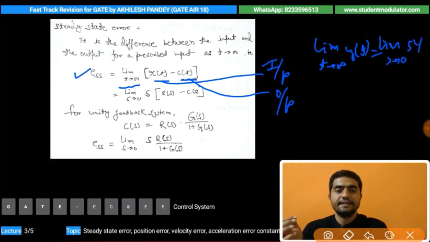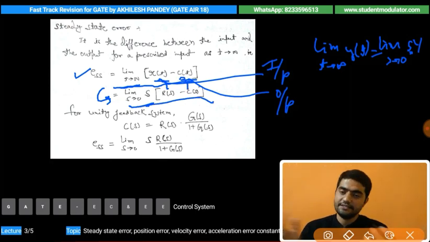So this is the final value theorem. The same I have done here: in time domain we have limit t tends to infinity, then in s domain we can write it as limit s tends to 0 s times, and the Laplace transform of r(t) is R(s), Laplace transform of c(t) is C(s). So this way we can also calculate the steady state error.